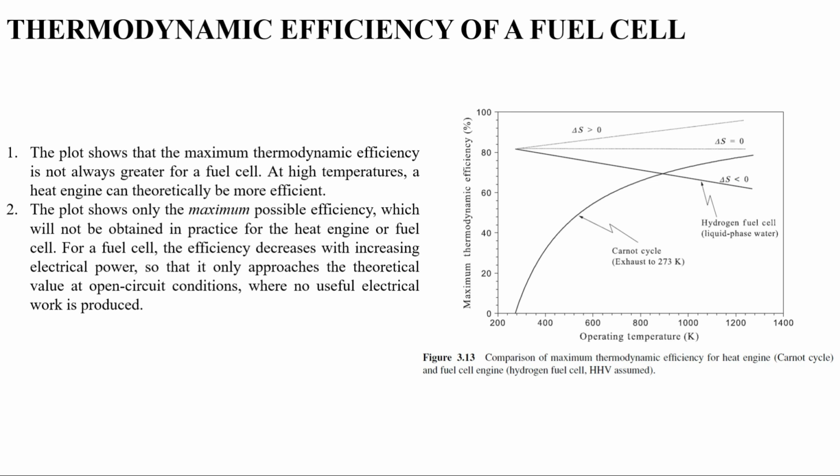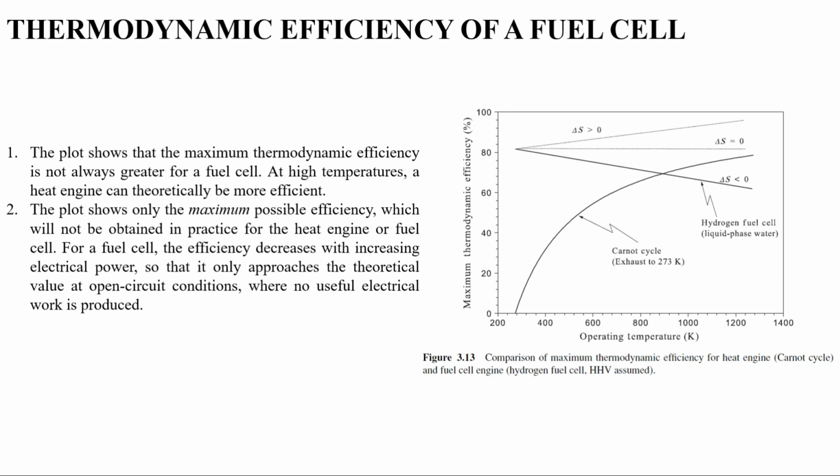The plot only shows the maximum possible efficiency, which will not be obtained in practice for a heat engine or fuel cell. For a fuel cell, the efficiency decreases with increasing electrical power, so that it only approaches the theoretical value at open circuit condition where no useful work is produced.